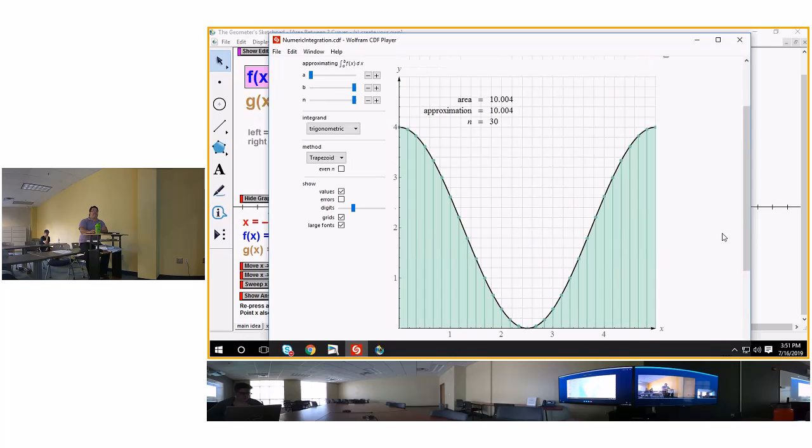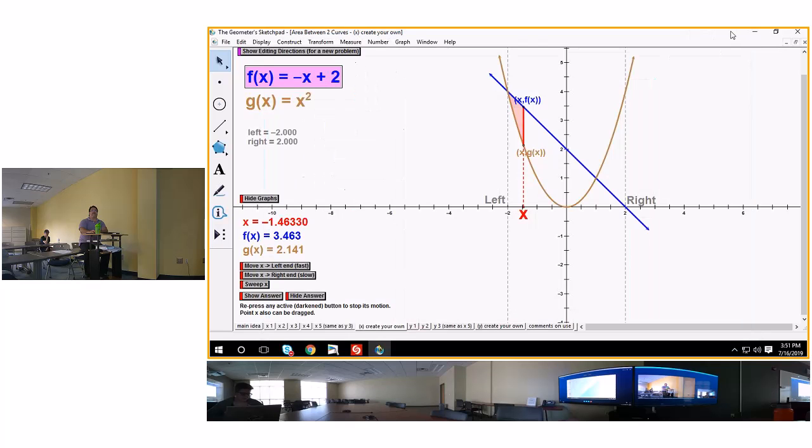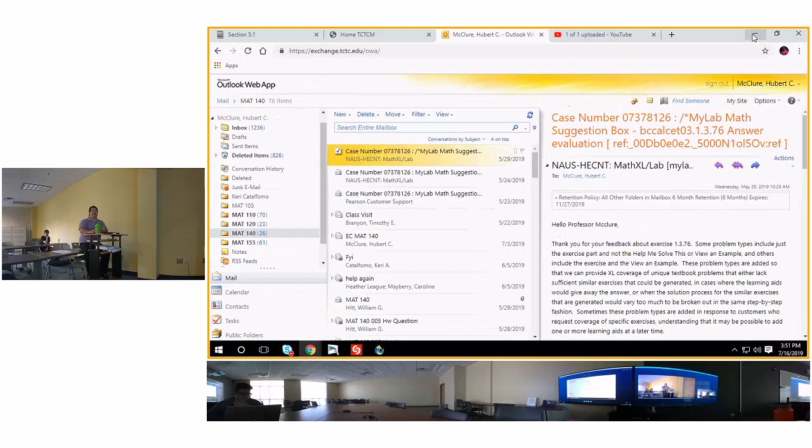All right, now I want to show y'all a comic strip, and I always do this with my calculus class, so don't feel like y'all are special or anything.